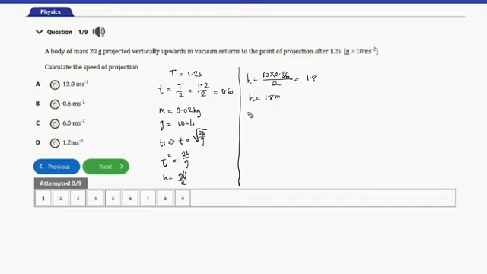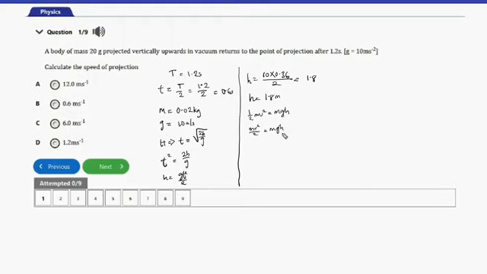So kinetic energy half mv squared is equal to the potential energy mgh. So in that case, if we equate these two, half mv squared is equal to mgh, or we say mv squared over 2 is equal to mgh.